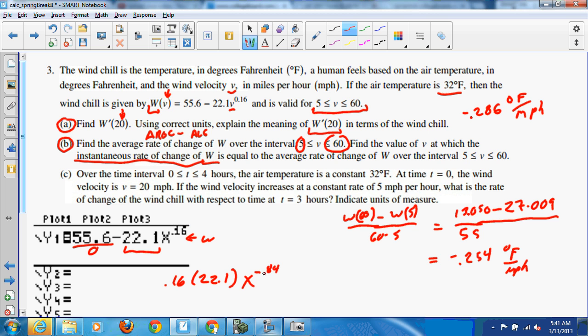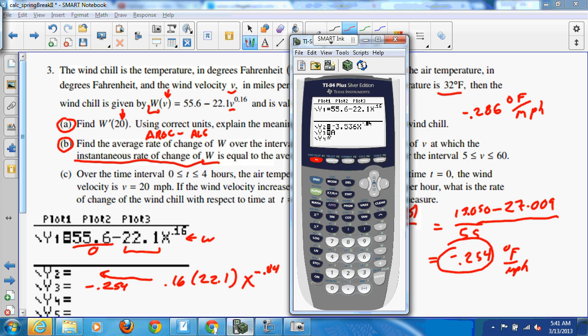Okay, so I went ahead and put that in the calculator, and when looking for when these are equal, if I put the derivative of this into y2 and put this value we got in the first half of part B into this one, negative 0.254, we should come up with an intersection. So I went ahead and put that in there for you.